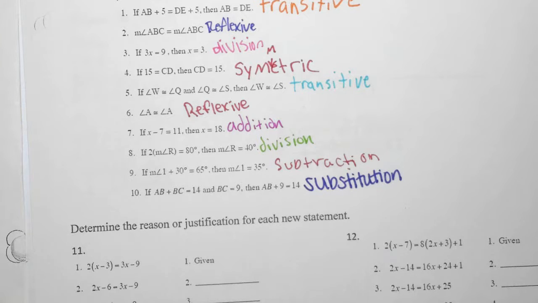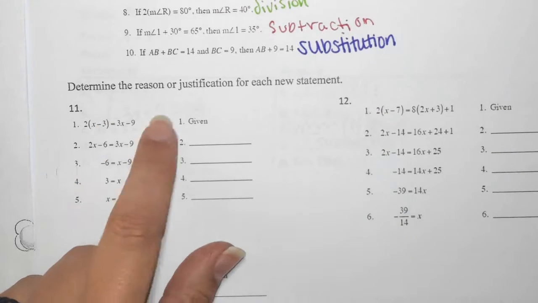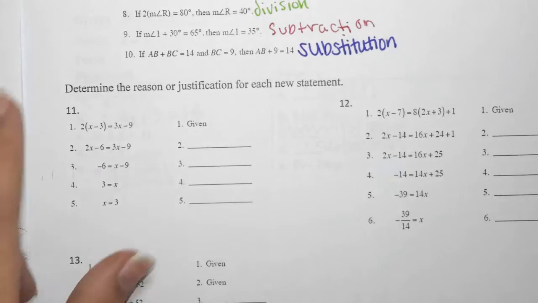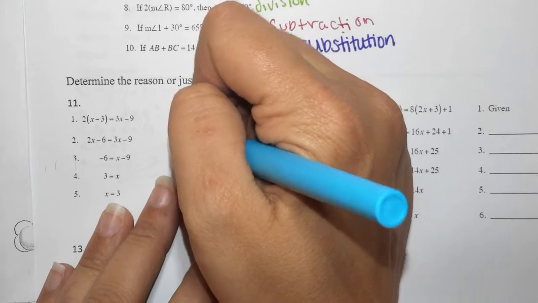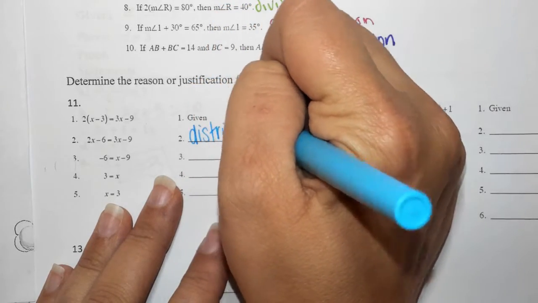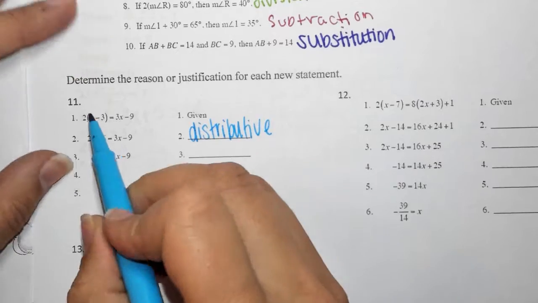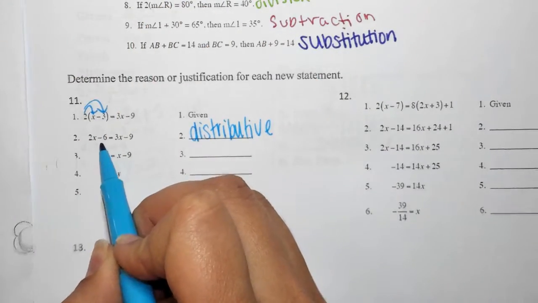Good job. Okay, so now, can you work on the proof for 11? Yes. So we can do it together. What did they do first? They distributed. The reason we know that is because the parentheses are gone, and it's 2 times x and 6. So to get 6, they would do 2 times negative 3.